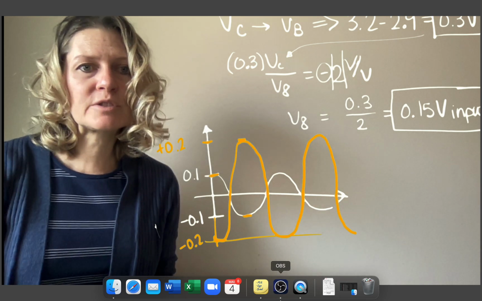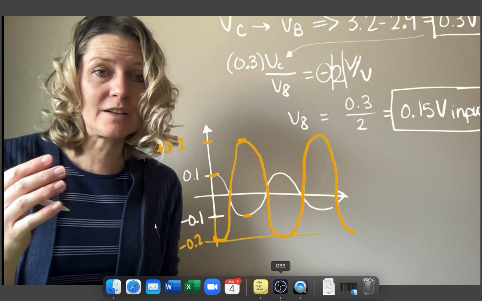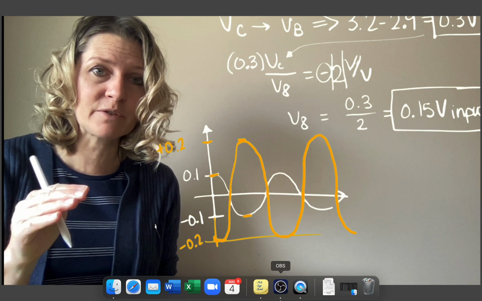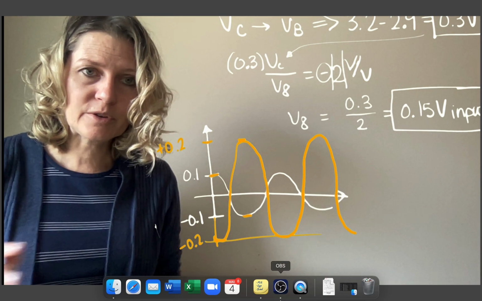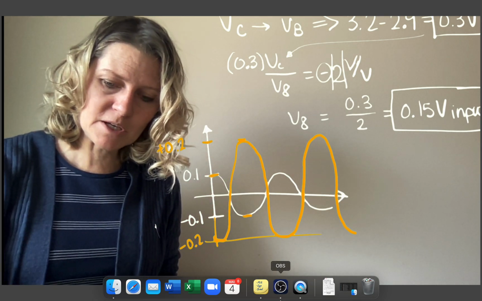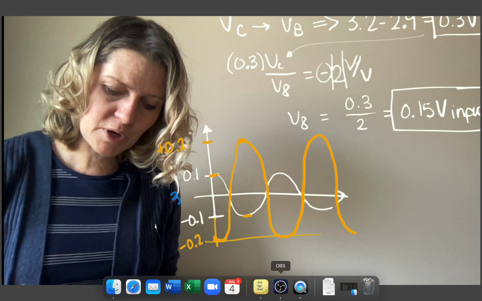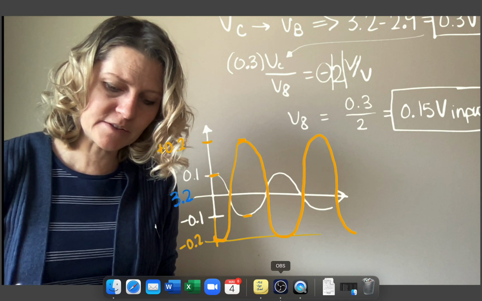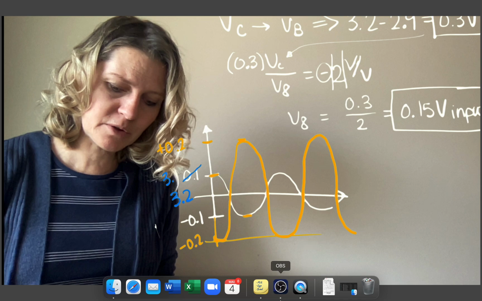And this is added on again to that DC value of 3.2. So this is only looking at the AC only. So this will actually be 3.2, and if I add on the 0.1, this value would be 3.3.